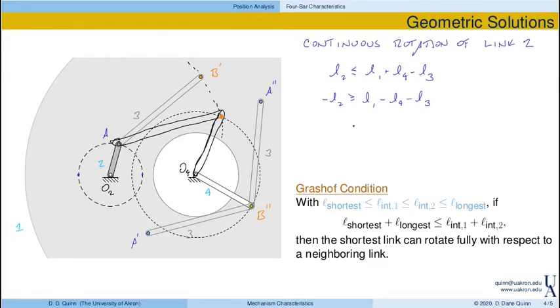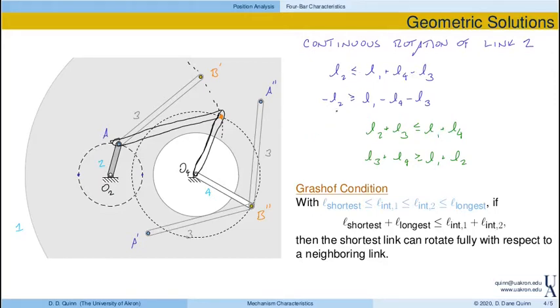Rearranging these, we get L2 plus L3 less than or equal to L1 plus L4. And this second condition looks like L3 plus L4 greater than or equal to L1 plus L2.